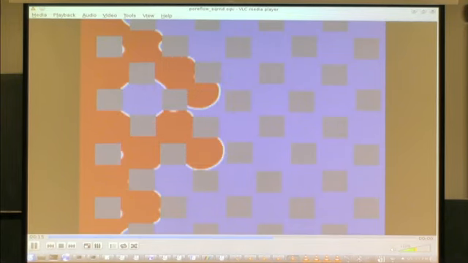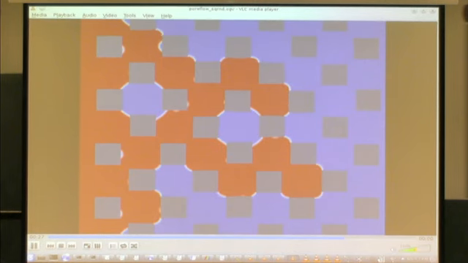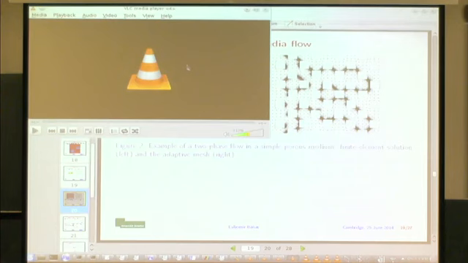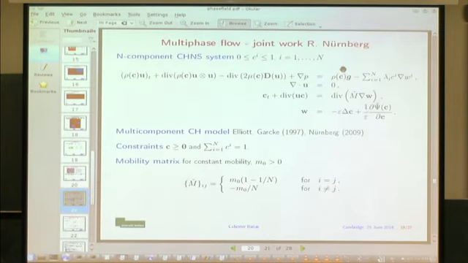So the flow is not uniform, but with these fingers, and it's quite interesting to watch. Pressure has to build up in these pores, and then the fluid chooses the easiest way to proceed. And here you can also see the adaptive mesh for the simulation.